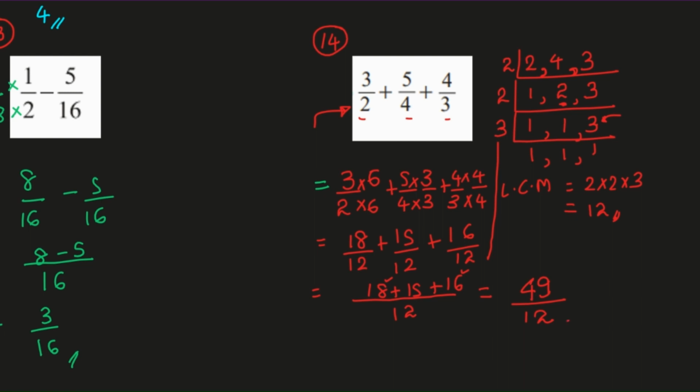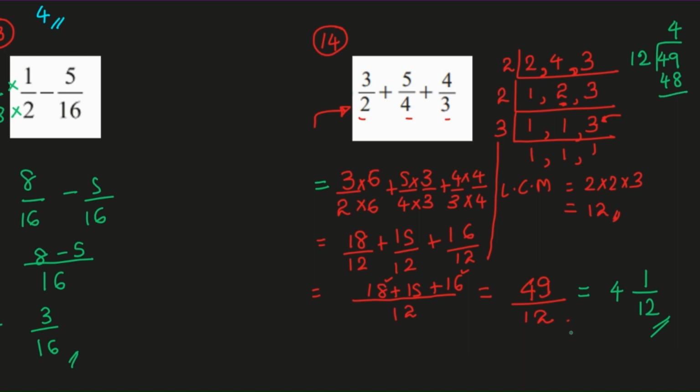So this is an improper fraction. Better to keep it as a proper fraction. You know that it's 4 and 1 upon 12. How did you get it? Do I need to show it? Okay, let's calculate. 49 divided by 12. There is 4. So 12 into 4, it's 48.